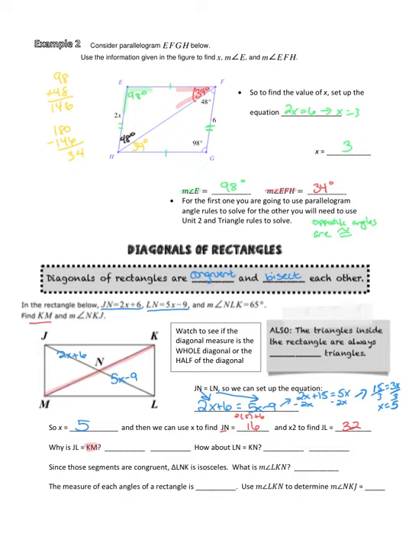Why does JL equal KM? Because diagonals are congruent. Because in a parallelogram, diagonals are congruent.